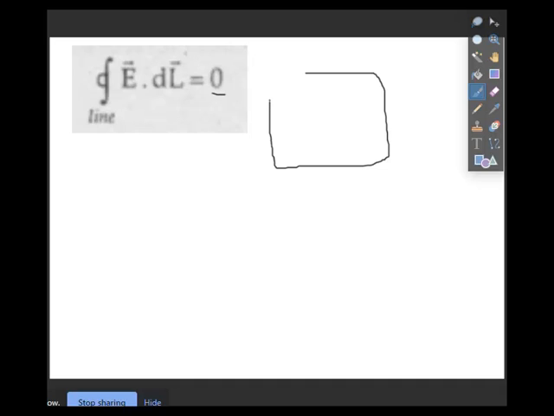If for example you have 6 volts here, this same value will be here. So there will not be any change. The potential difference or electromotive force along the closed path is always equal to 0.